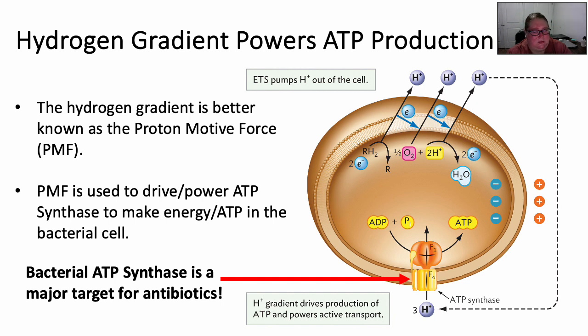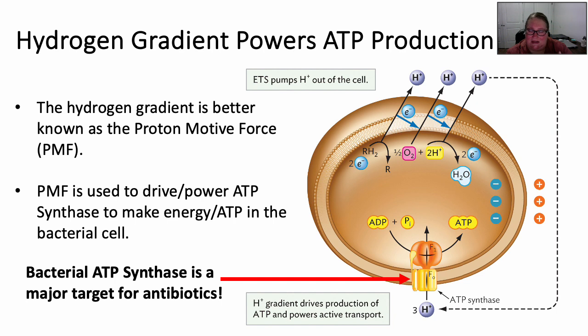Mostly H plus is used to make ATP, so it powers what is called ATP synthase. We talked about this in regular biology when we talked about cellular respiration, and our proton motive force in our mitochondria. We have the inner and outer membranes of our mitochondria. The mitochondria is the powerhouse of the cell, so that's where we make energy.